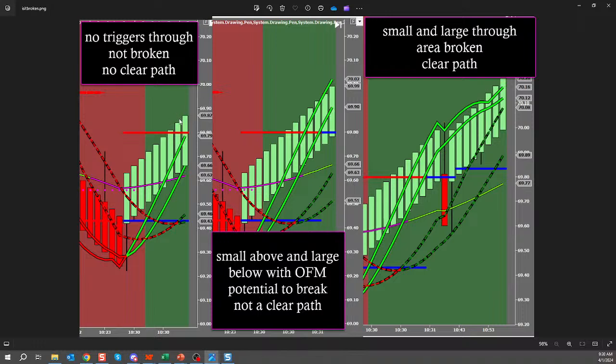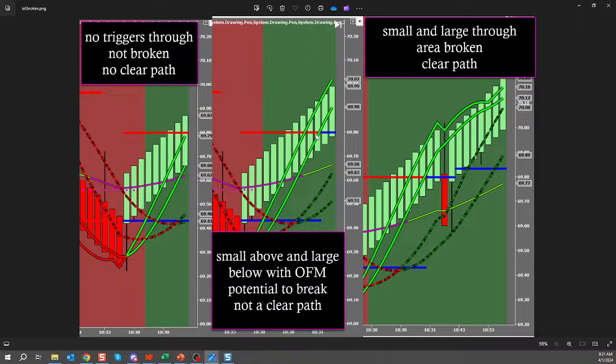The first one is if price reaches resistance and no triggers are through, the area is not broken, it is no clear path, there is no trade because you just don't know what's going to happen. If both the small and the large break through the area is broken, the path is clear. Let's look for rules to be met for high probability trend trades. That's the new user. And then I'm going to give you a plan, and your chart reading is going to allow you to capture when the small triggers smash through but the large triggers do not.